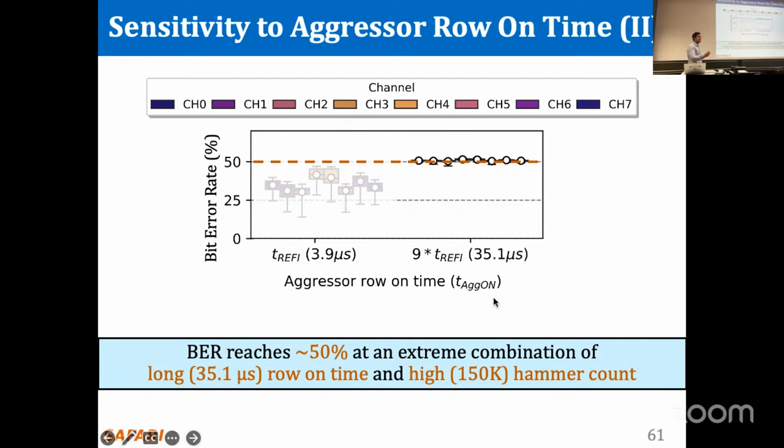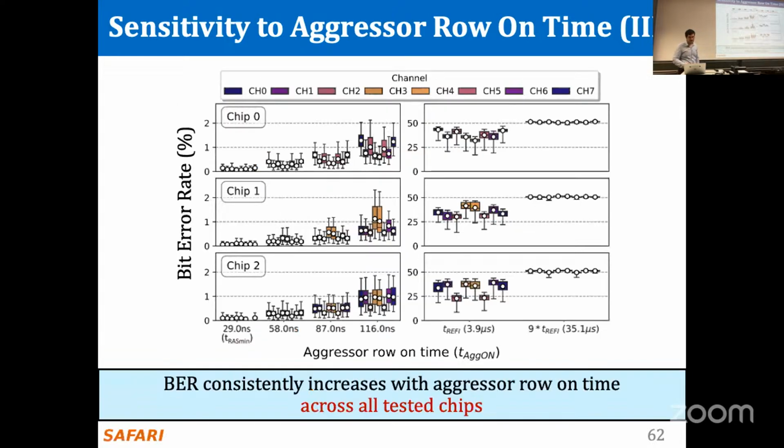Now, this wouldn't fit in a refresh window, but it's interesting to see that you can flip almost all of the bits with RowPress and RowHammer. Okay, our observations are consistent again across all chips.